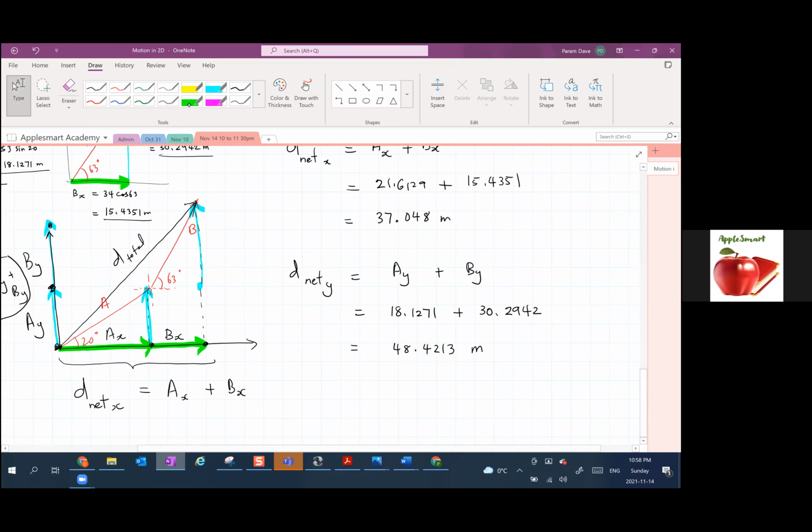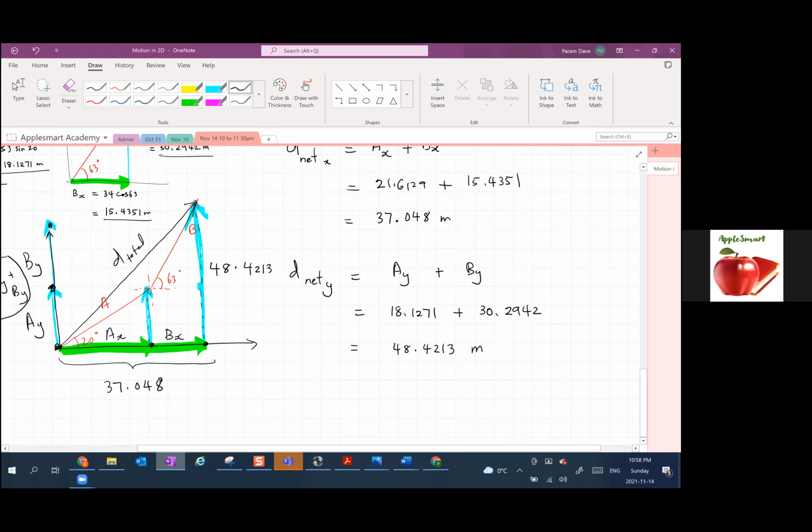So now what we have is this. We have the total along the X, this one over here, 37.048. And then we have the total along the Y, and that is 48.4213. Okay, now remember that we're now ready to find out the total.